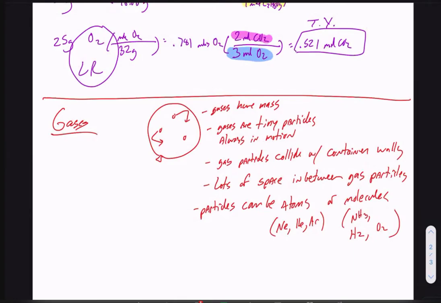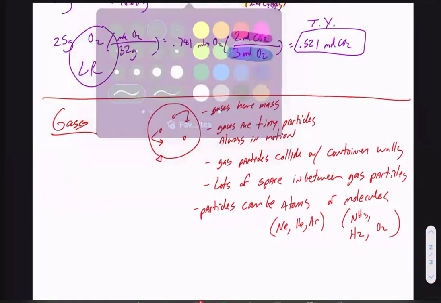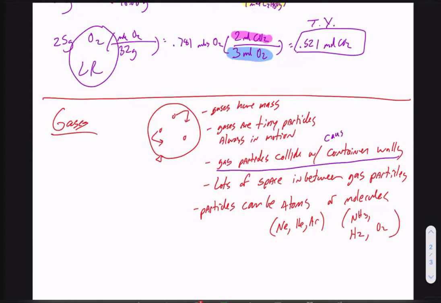All right. Gases cause pressure. I should mention that here because pressure is caused by the collisions with the container walls.